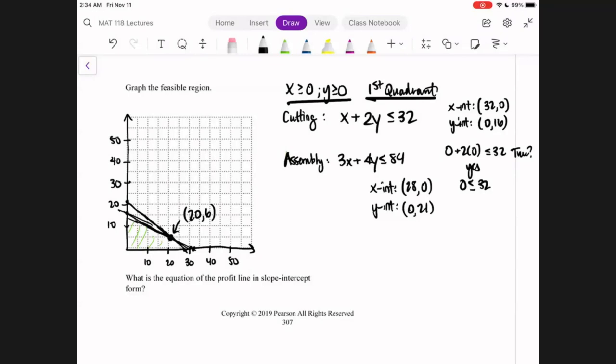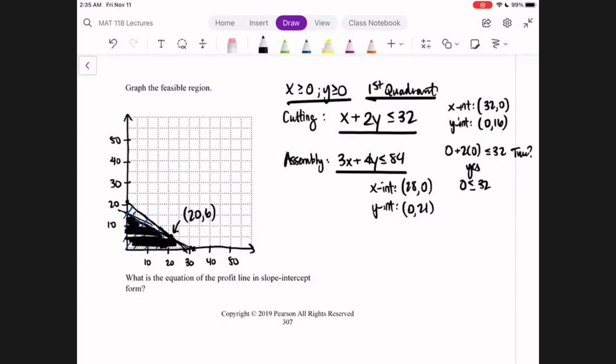So where would I shade? You can probably guess; this has a very similar setup. You have x plus y, both positive, less than a value, so that's usually shading below. If I shade this one below, I'm going to color the feasible region now in black. It's going to be all of this, and we'll see that a little better in Desmos.